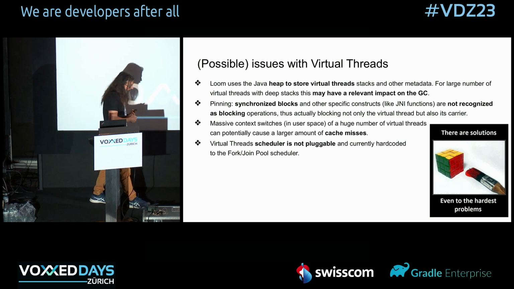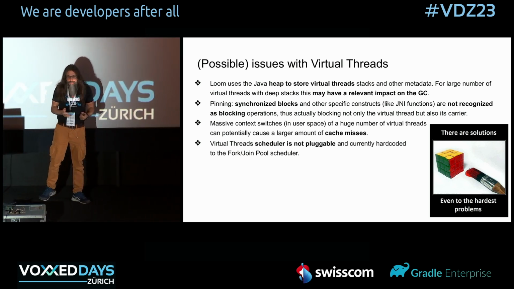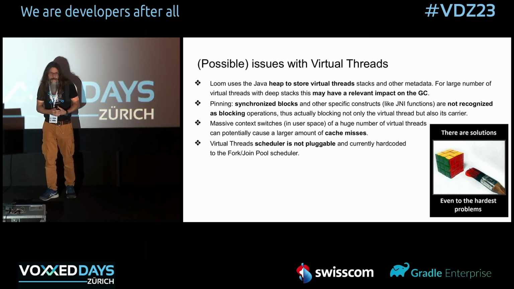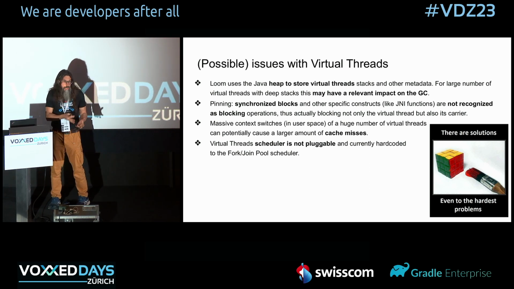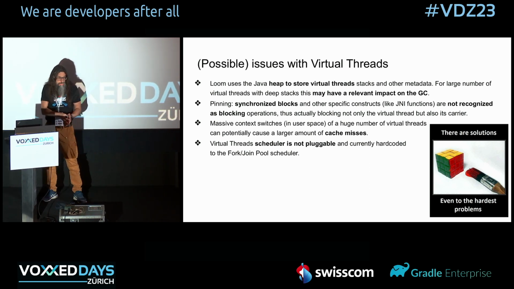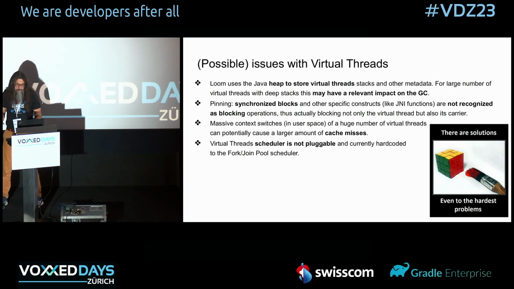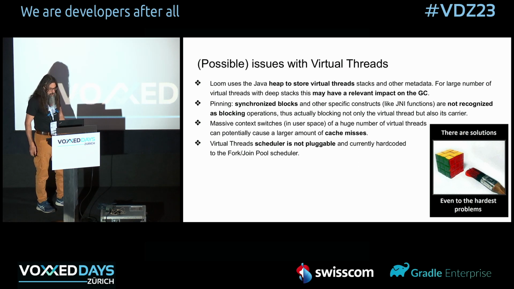One thing that we are starting to do these days is speaking with the people of the OpenJDK, because we would like to have an SPI through which we may plug in our own scheduler. But again, this is not possible at the moment.